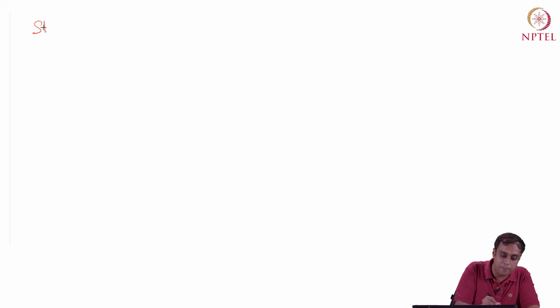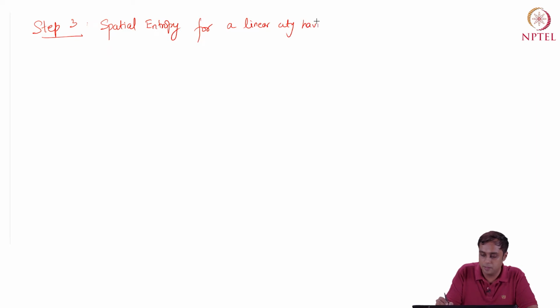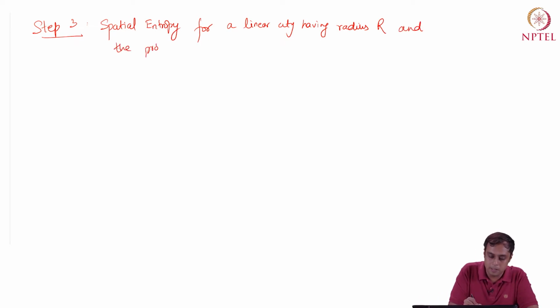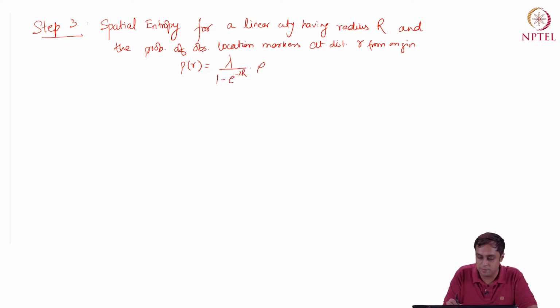So once we have a spatially delineated, distance-based exponential distribution, we are going to now, as the next step, which I'm going to call step 3, figure out what is spatial entropy for this example of a linear city having radius capital R and the probability of observing location markers at distance small r from origin given as P(r) equals lambda over 1 minus exponential minus lambda capital R times exponential minus lambda r.